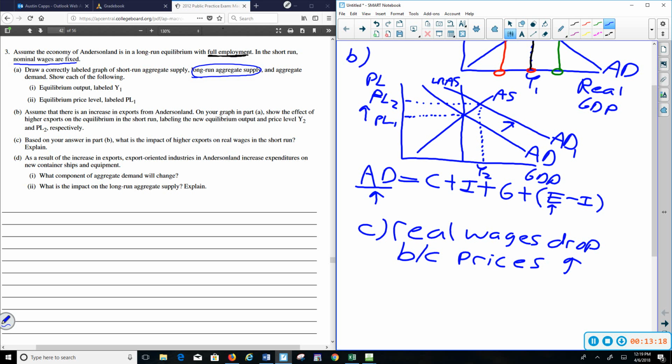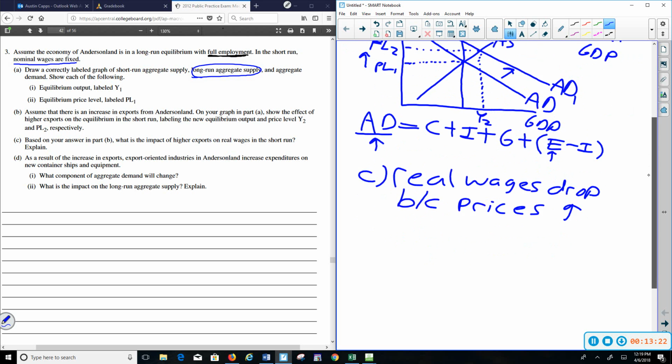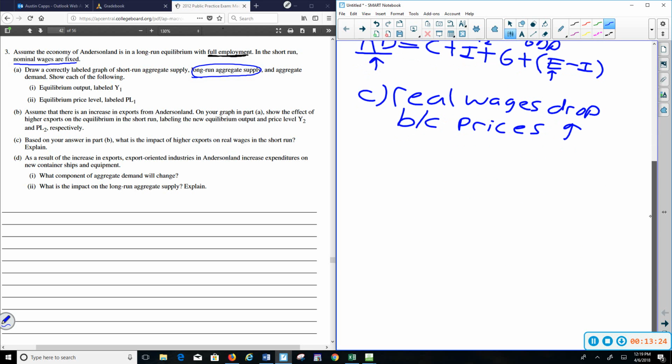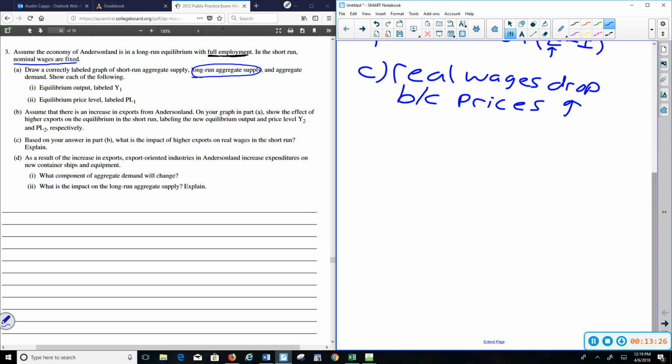So that's part C. Part D then says, as a result of the increase in exports, export-oriented industries in Anderson Land increase expenditures on new containers and shipping equipment. So there's two parts to it. What component of aggregate demand will change? Well, this is just sort of a definition thing.